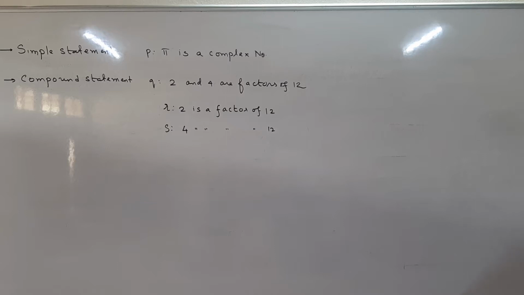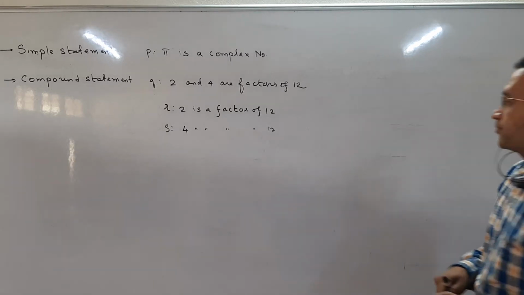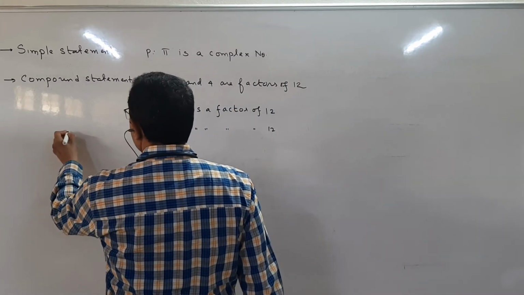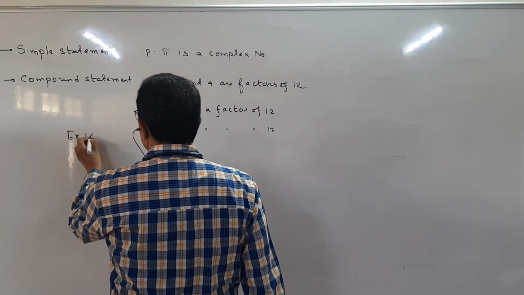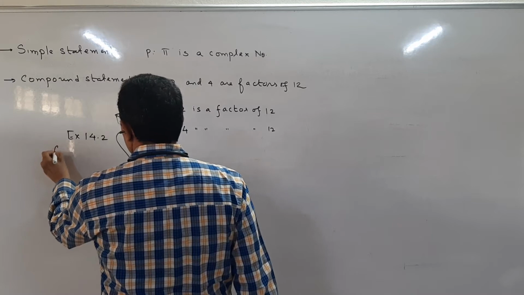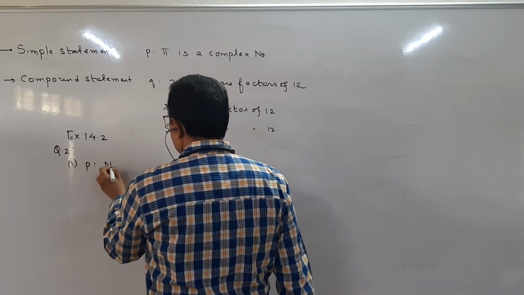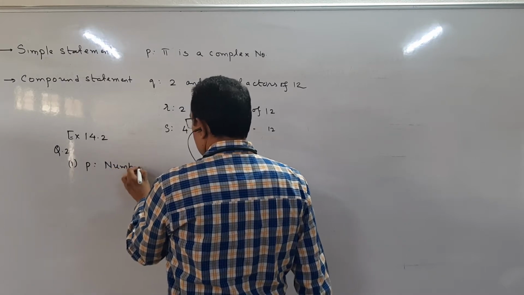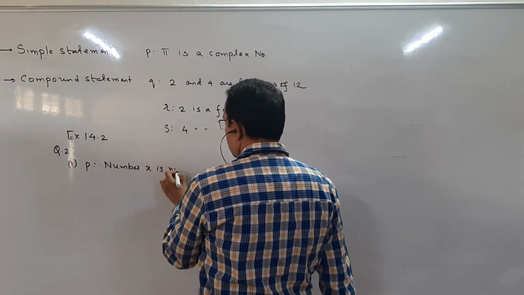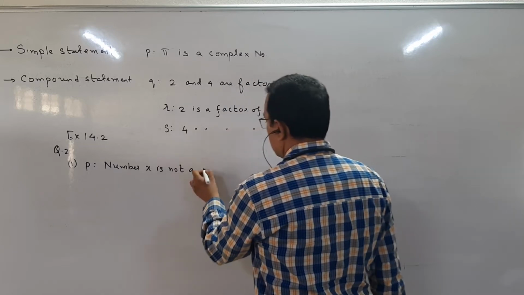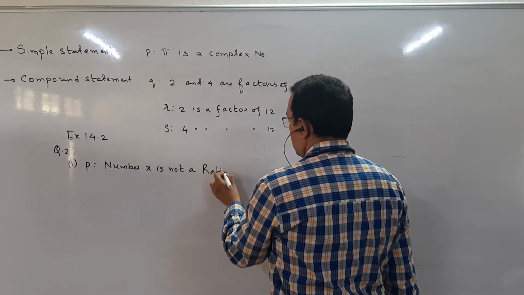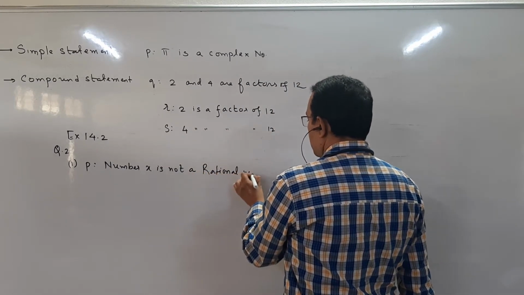The first statement: the number x is not a rational number.